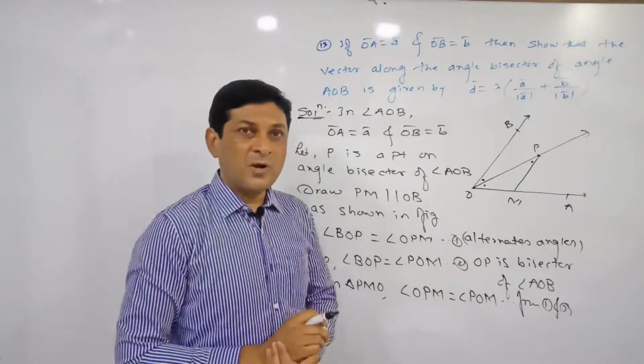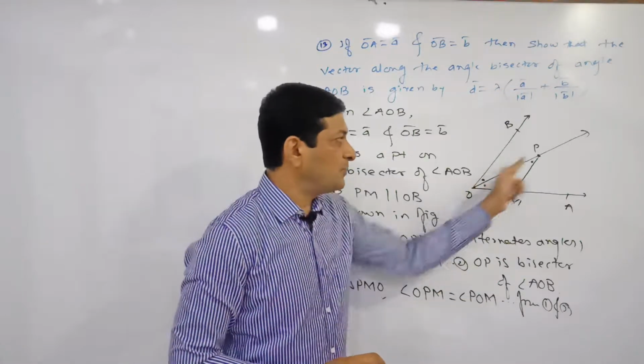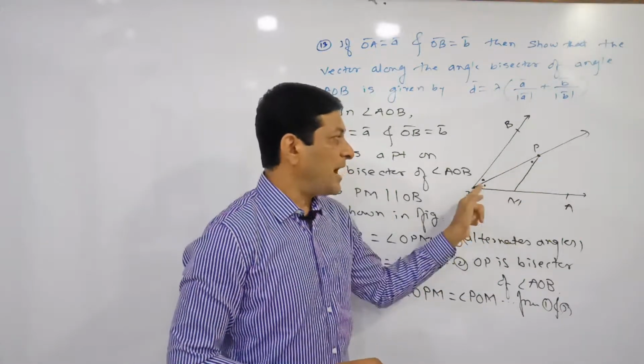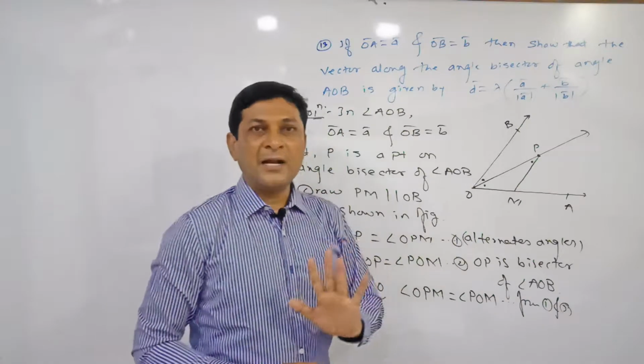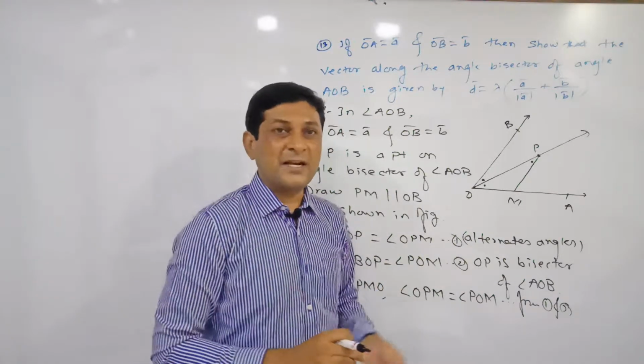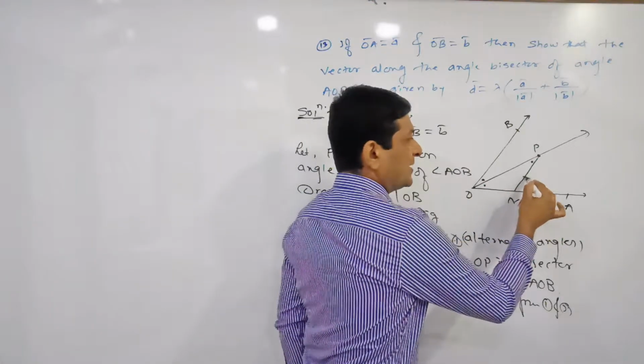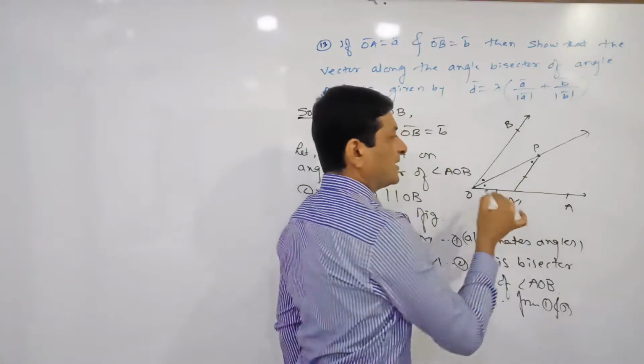Now what result have we got here? In this triangle, two angles are equal. This OPM and POM are two angles of this triangle. And we know that if two angles of a triangle are equal, then the sides opposite to them are also equal. Which is the side opposite to this angle? PM, and the side opposite to this angle is OM.